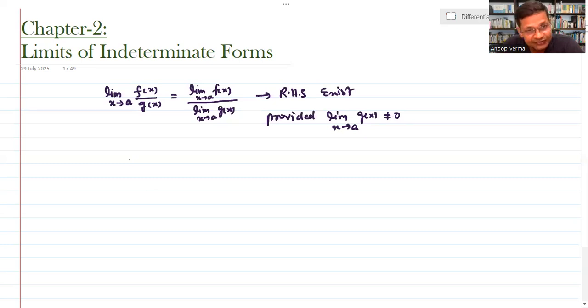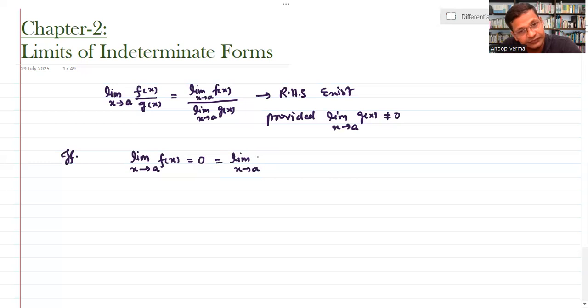If limit x tending to a of f(x) is 0, and this is also the limit of the denominator g(x), then you can easily see this limit as x tends to a of f(x) upon g(x) will be equal to 0 upon 0.